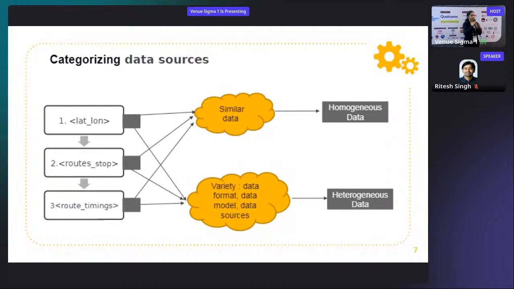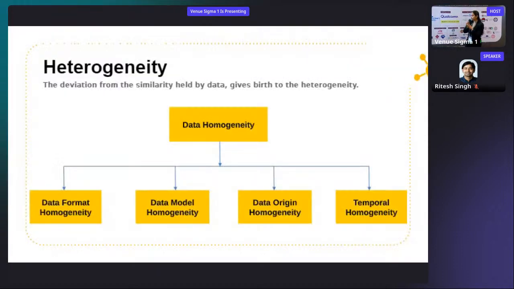But when there is a slight deviation in the similarity domain, it counts as heterogeneous data. Homogeneous data means similar features, which we can observe in terms of data format, data model, and originality, that is, the data source which is generating the data. Temporal heterogeneity refers to the time zone or the time granularity at which the data is generated.